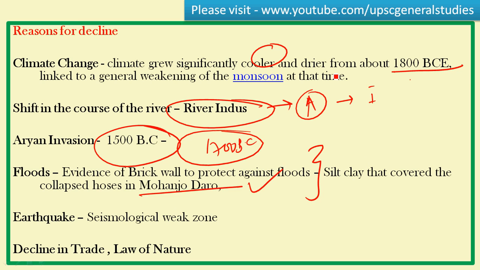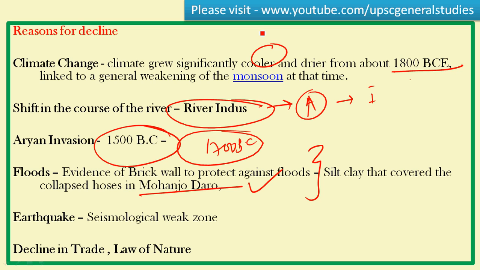This was one of the reasons, but not the major reason, because a flood cannot submerge a whole civilization. Another reason is that a major earthquake might have destroyed the Indus Valley civilization. It was present in a seismologically weak zone, so this might be one of the major factors.